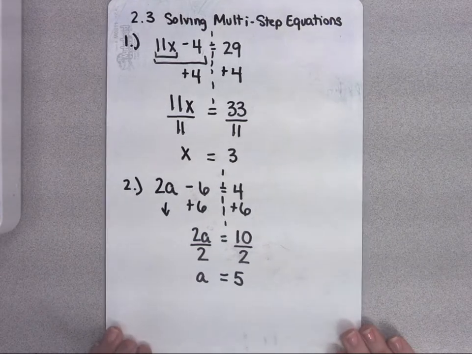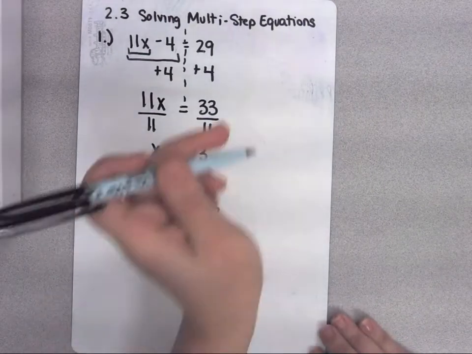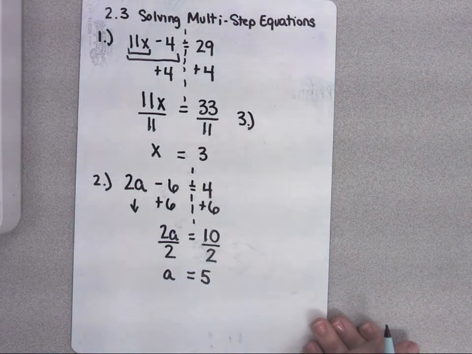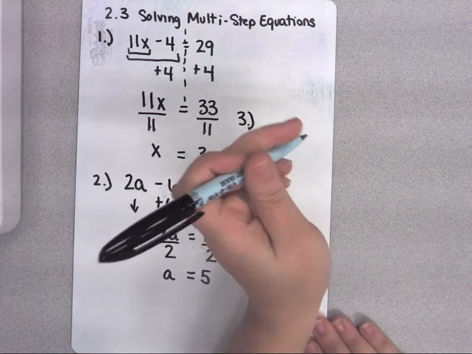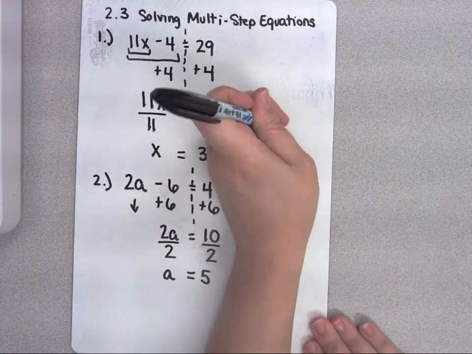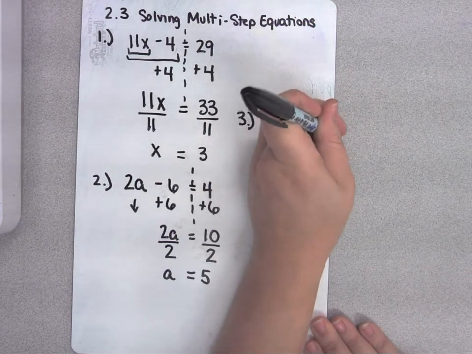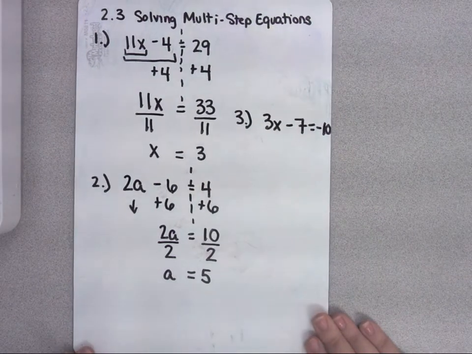Give you one more. You're going to do it. Don't yell it out. You'll see if you get the same answer as I do, okay? 3x subtract 7 equals negative 10. It's hard for me to fit there.